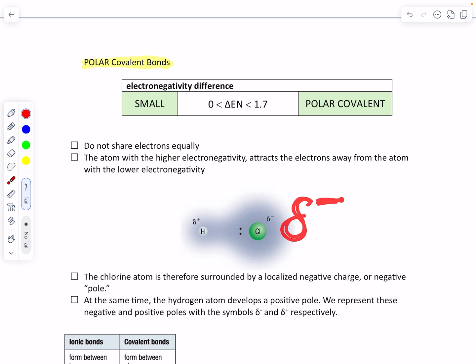At the same time, the hydrogen atom develops a positive pole. We represent this negative and positive pole with the sigma symbol and a plus for positive and a minus for negative.